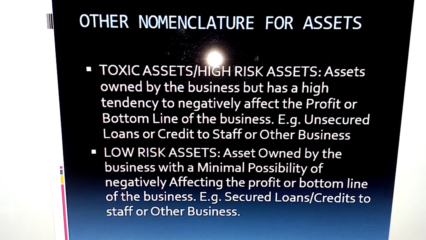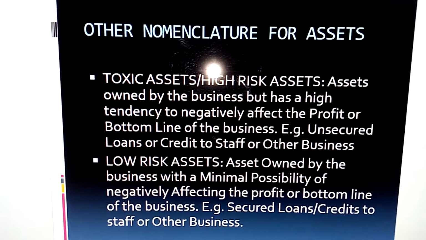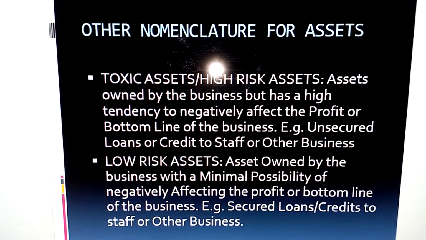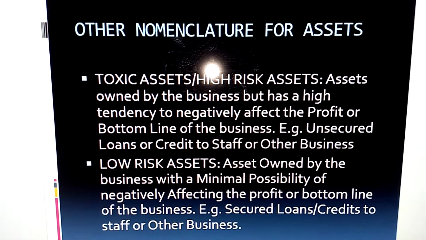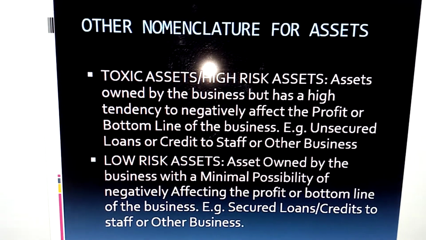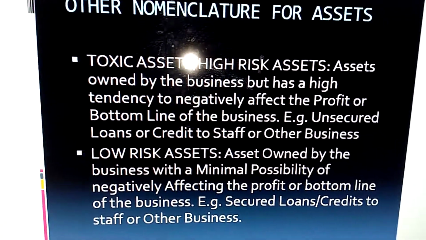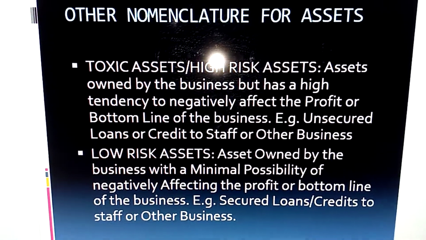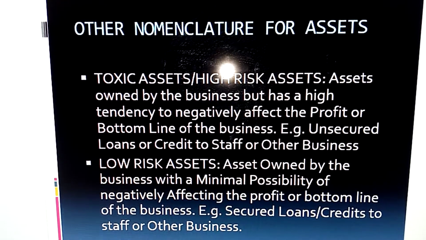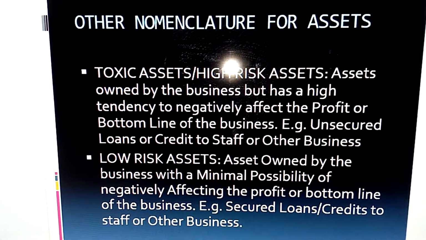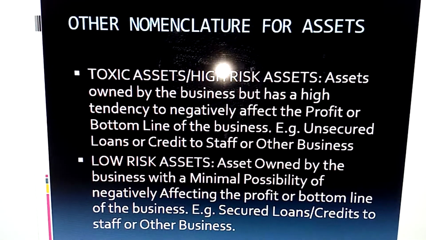Take, for instance, a loan given to staff members. Now, when you give a loan to staff members, they are seen as debtors to the business. And then there's this possibility of losing the staff before the loan is paid back.